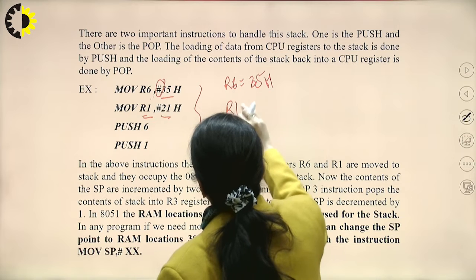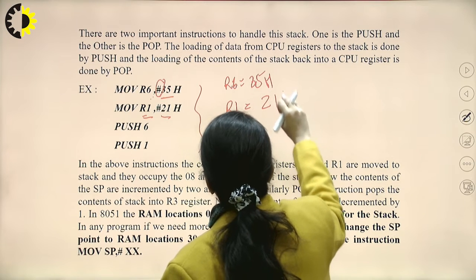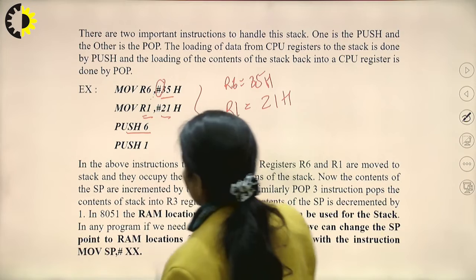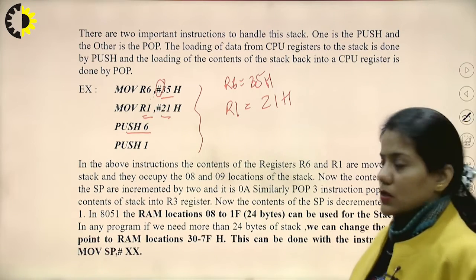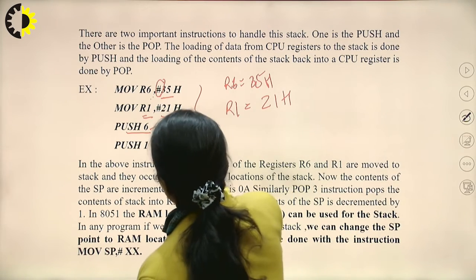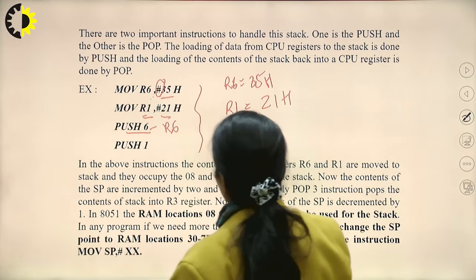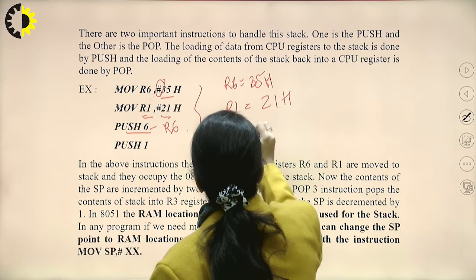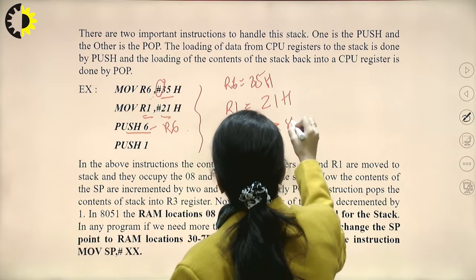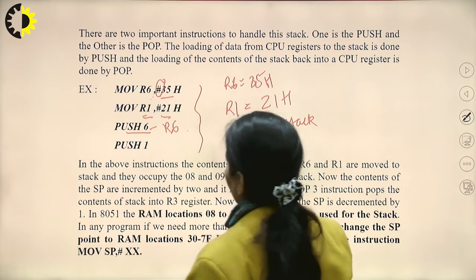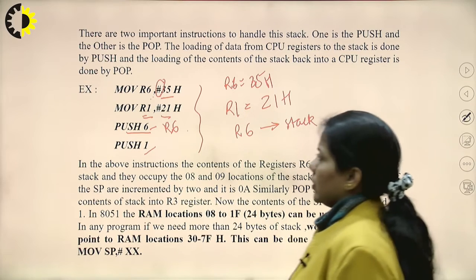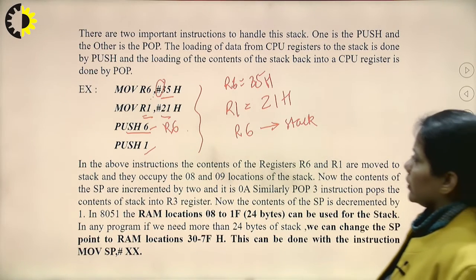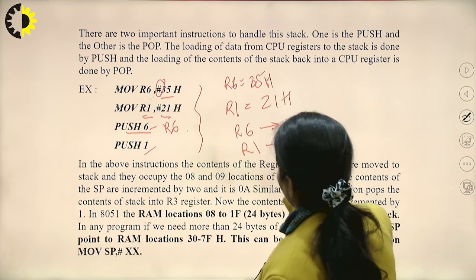So in R1 I am writing 21H. Now I am writing push 6. 6 here means R6. So it means the contents of R6 will be pushed onto the stack. Again I am writing push 1. Push 1 means the contents of R1 will be pushed onto the stack.